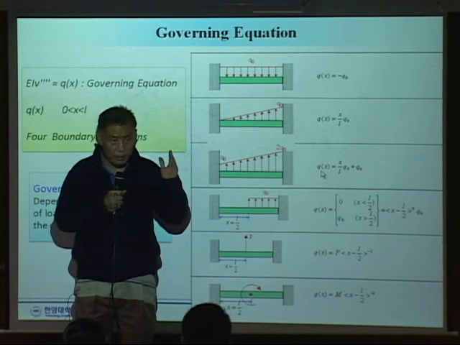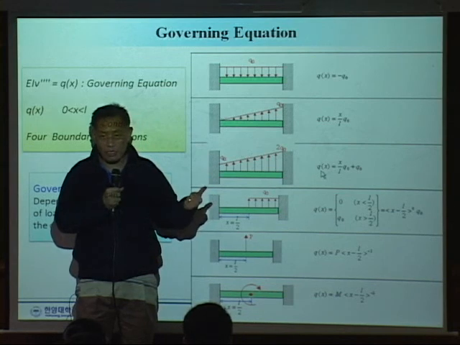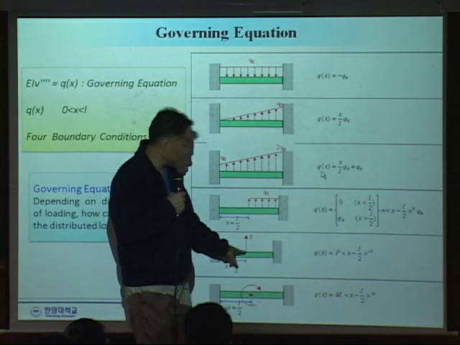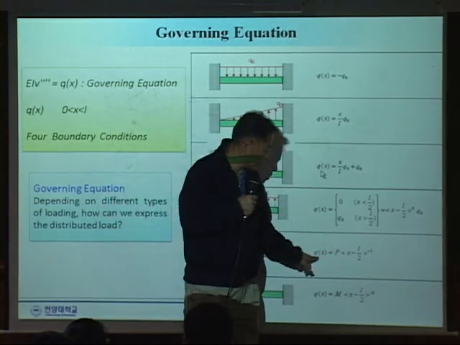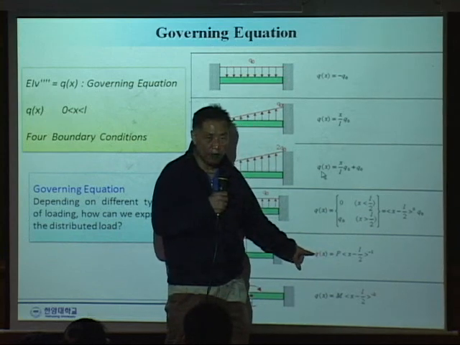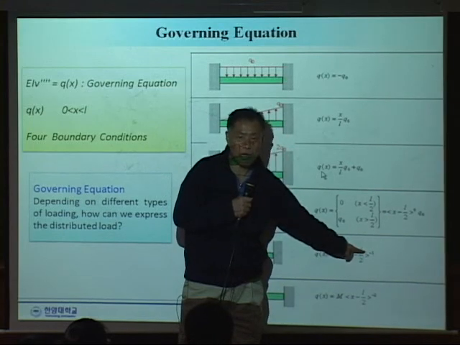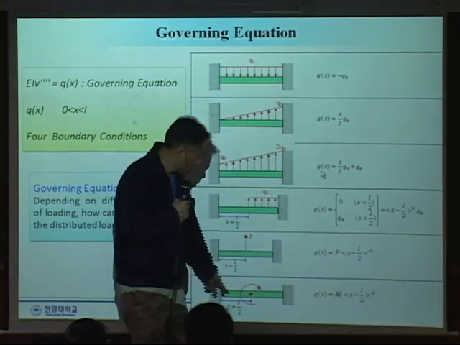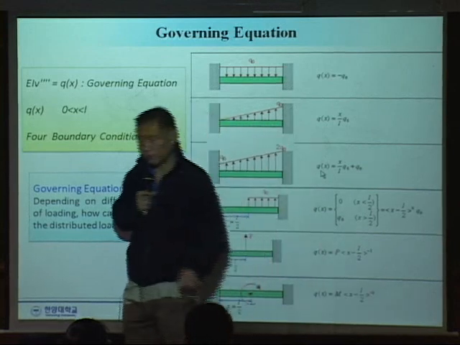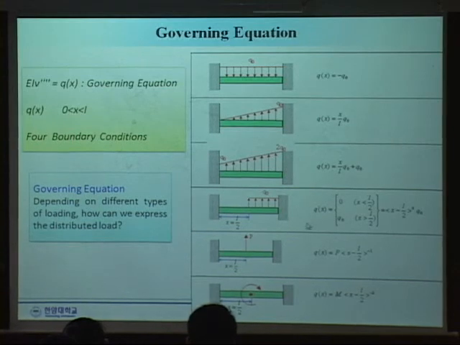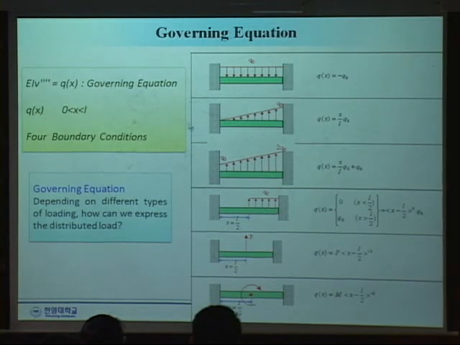We just skipped it, and we will go back to that section and study this singularity function, okay? So anyhow, this P is a concentrated load, and this Qx can be written to represent this P like that. Pay attention here, there's a minus 1. And for a concentrated moment, we write minus 2. Well, we will study more about the singularity function, but most importantly, this Q needs to be given in terms of x.